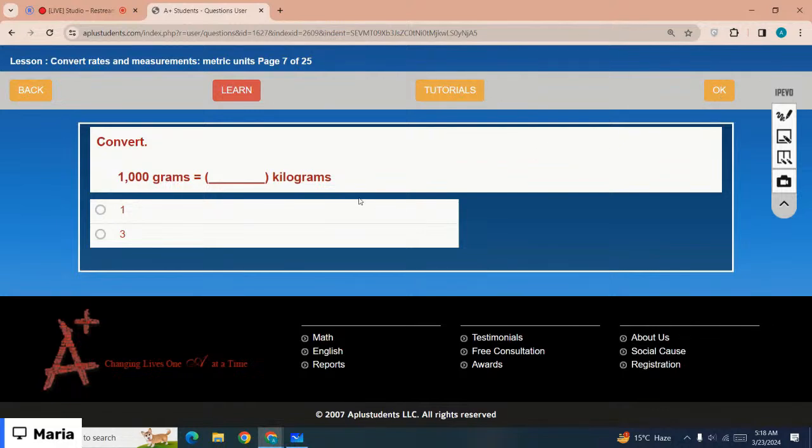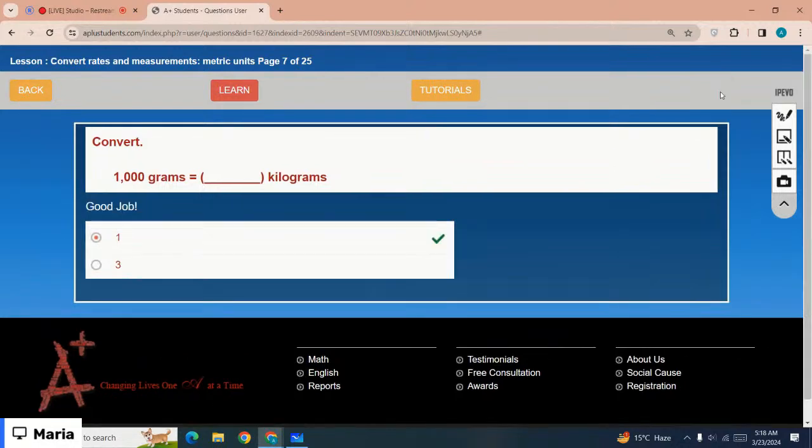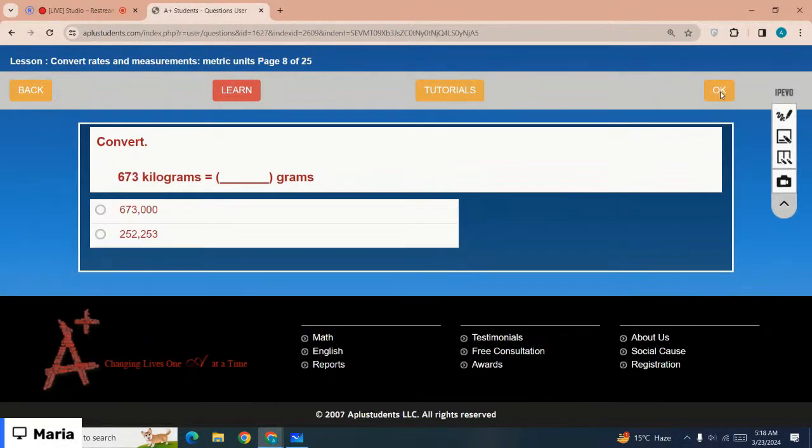The correct option is 1 kilogram. 673 kilograms equal how many grams?